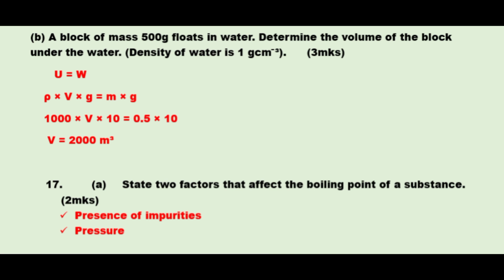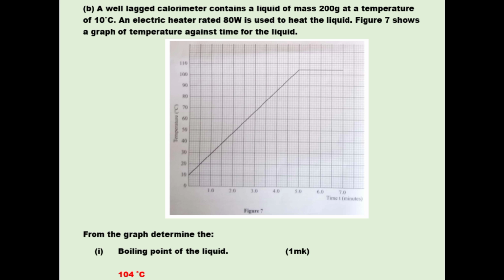Part B, a well-lagged calorimeter contains a liquid of mass 200 gram at a temperature of 10 degrees Celsius. That means we have a calorimeter and a liquid inside at 10 degrees, also meaning the temperature of the calorimeter is the same as 10.